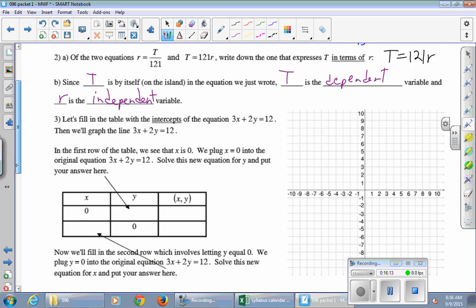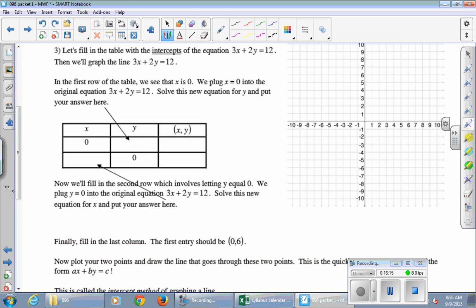Okay, number 3, brand new problem. Let's go to Marissa. Okay, I'm guessing that some of us, when faced with that equation, desperately want to solve that equation for which letter, X or Y?